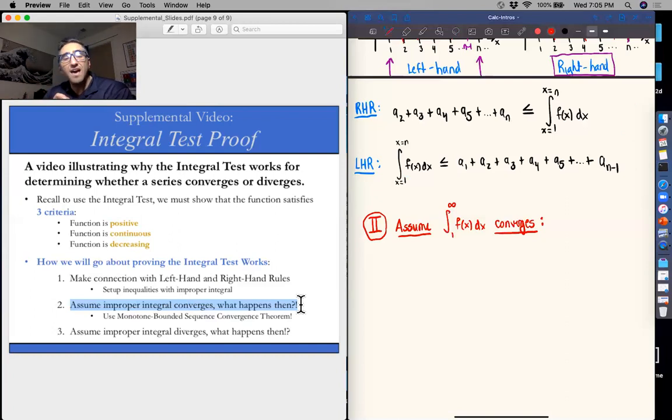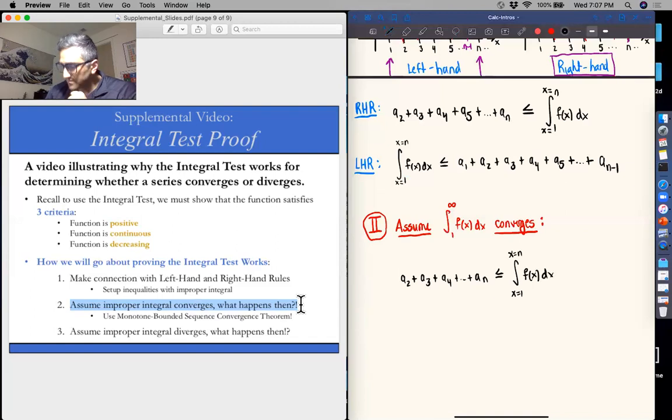So let's see what we have so far. If we start off using this idea from right-hand rule, I'm going to write this again down below: a2 plus a3 plus a4, all the way to an. And we saw that was less than or equal to our integral from x equals 1 to x equals n of our function f of x dx.